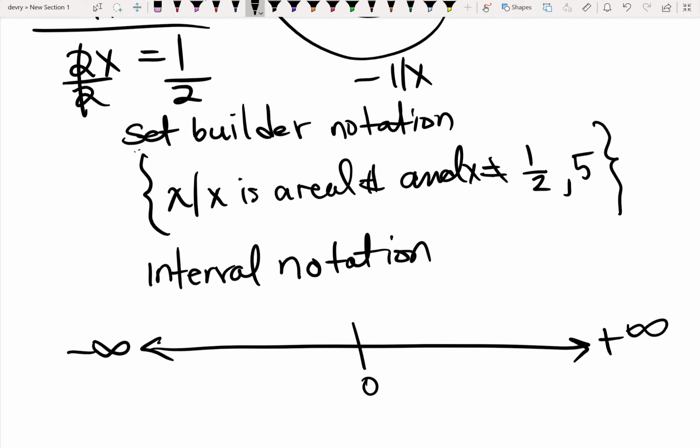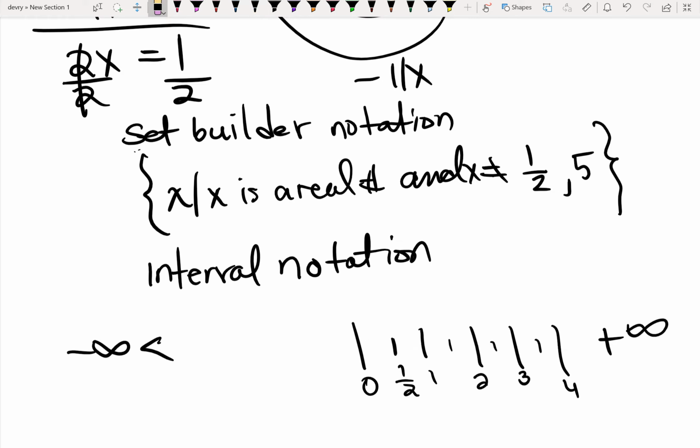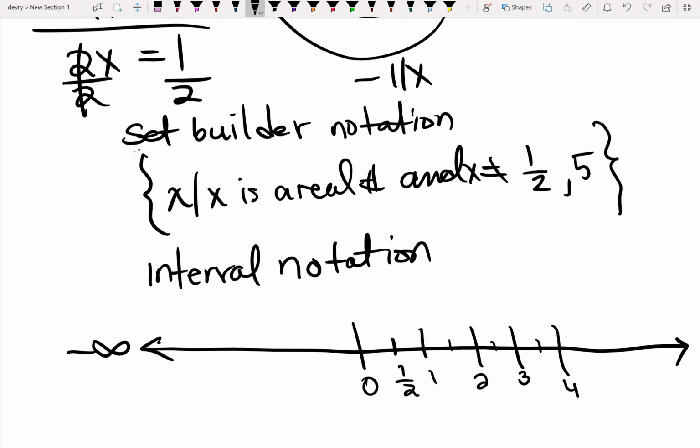So let's say this is 0, this is 1/2, and this is 1, this would be 2, this would be 3, this would be 4, extending the line, so this would be positive infinity, and here's your 5.